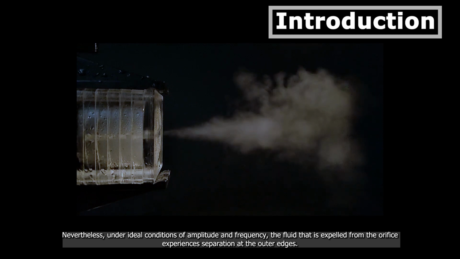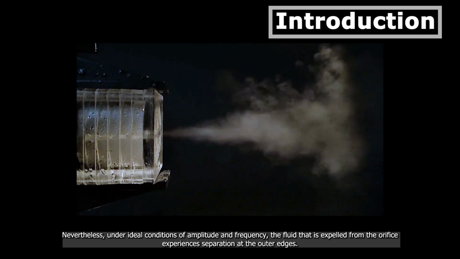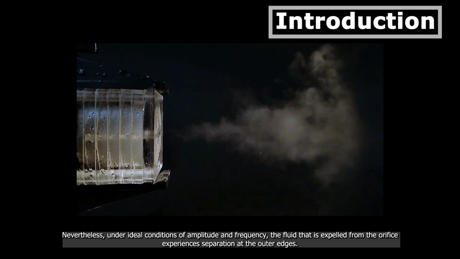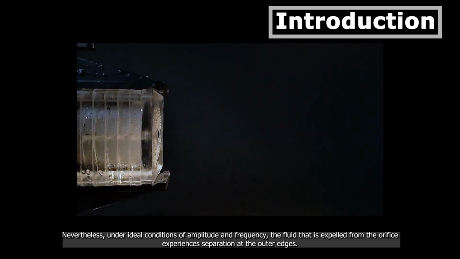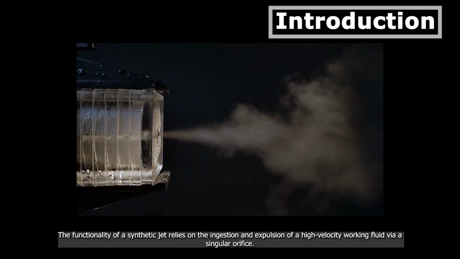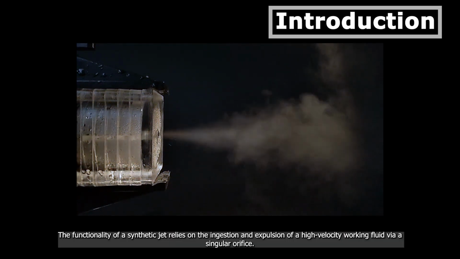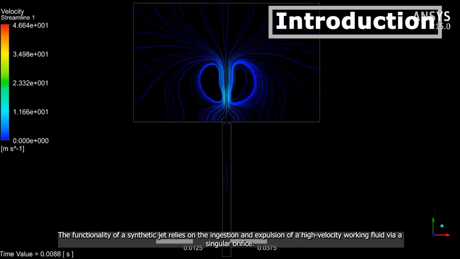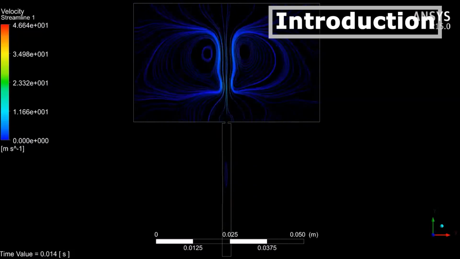Nevertheless, under ideal conditions of amplitude and frequency, the fluid that is expelled from the orifice experiences separation at the outer edge. The functionality of a synthetic jet relies on the injection and expulsion of high-velocity working fluid via a singular orifice.